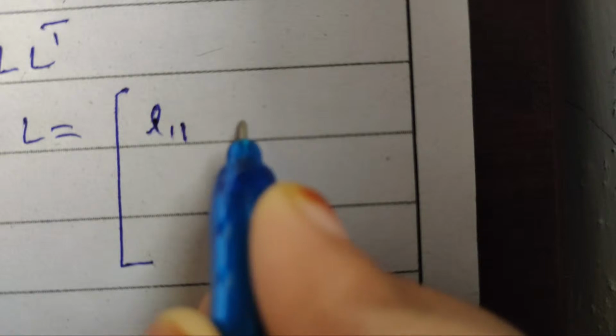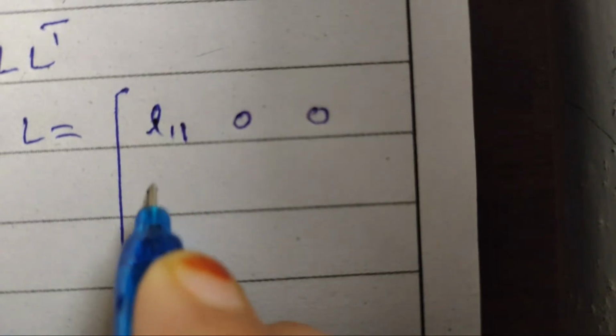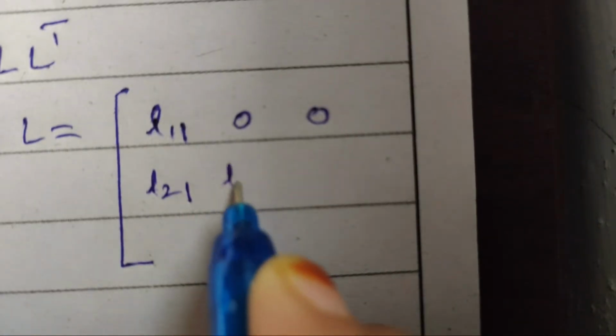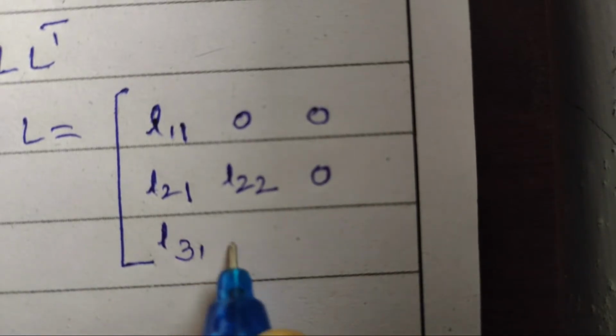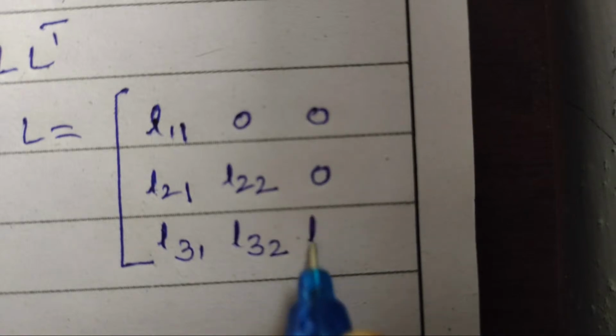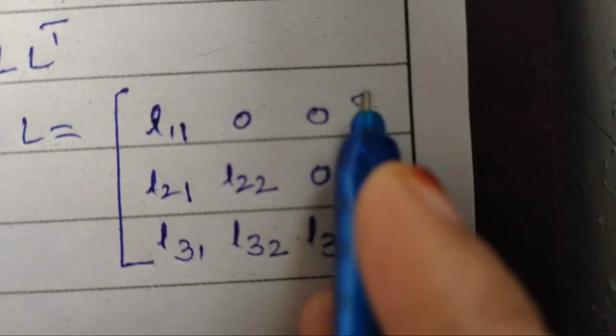L is L11, 0, 0; L21, L22, 0; L31, L32, L33.